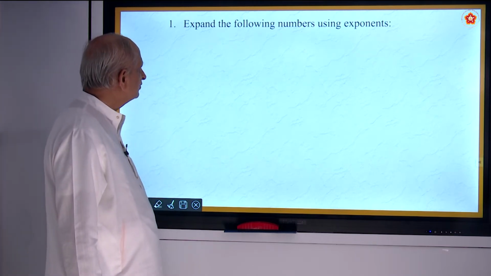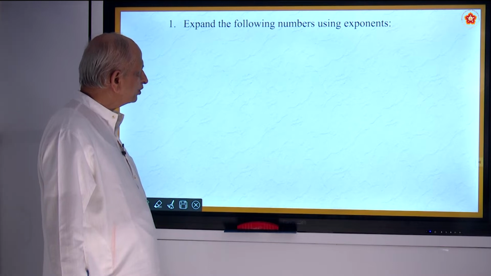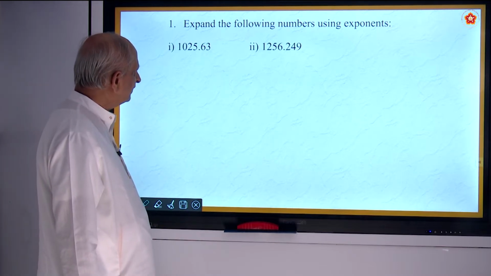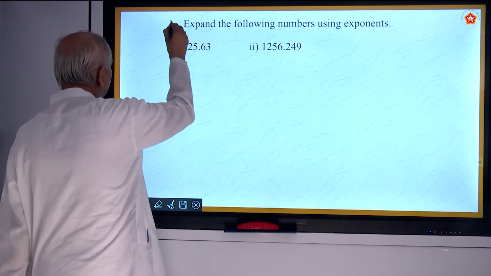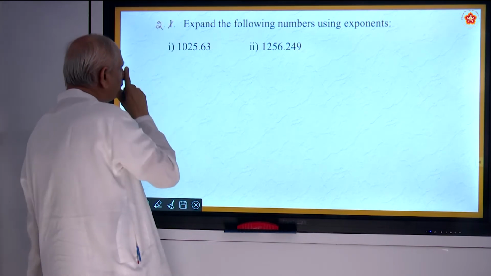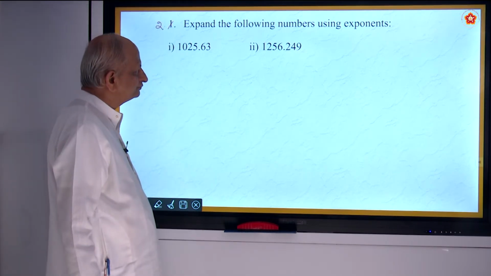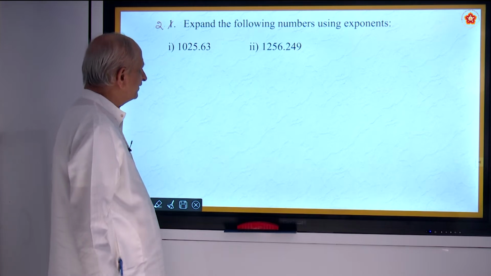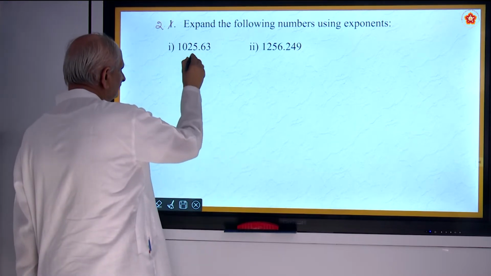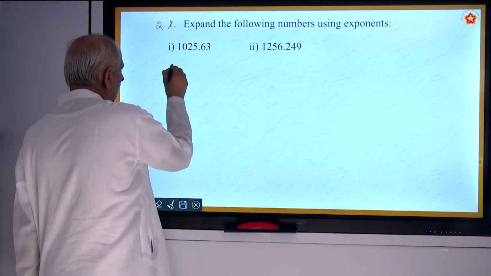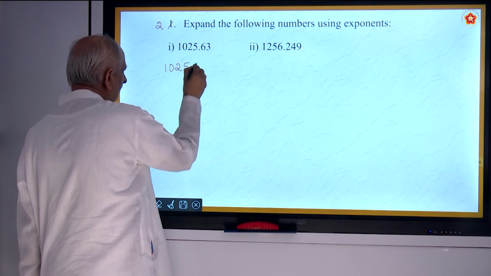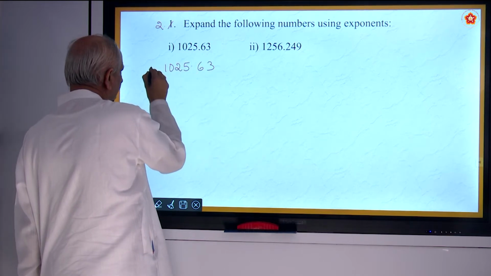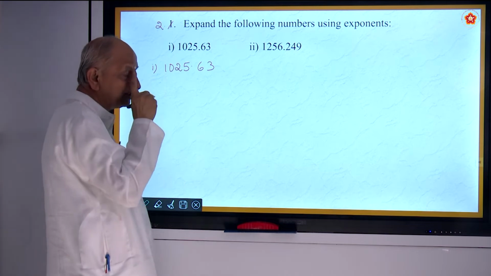Now coming to today's topic. No, one more question. Expand the following numbers using exponents. So this is the second question. Let us expand using exponents. Just now I was telling about that. So this is one by one we'll do. 1025.63. That is the first question. Come on.